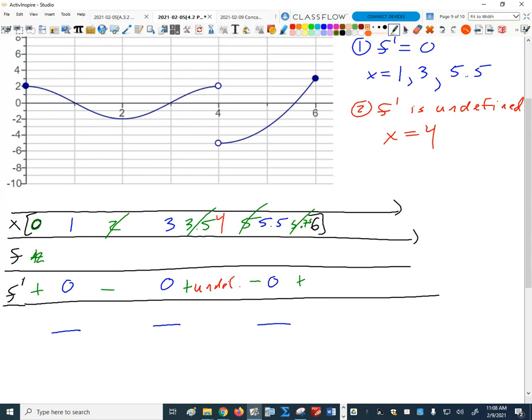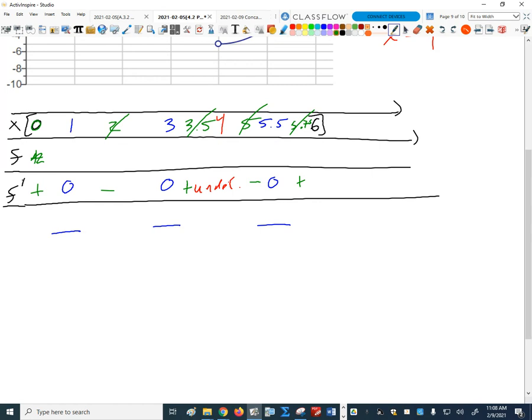Okay, so now let's interpret this. What's going on here at this critical number at x equals 1? What is that? Okay, it's a maximum. And we could say one more thing about it. It's a smooth maximum, right?